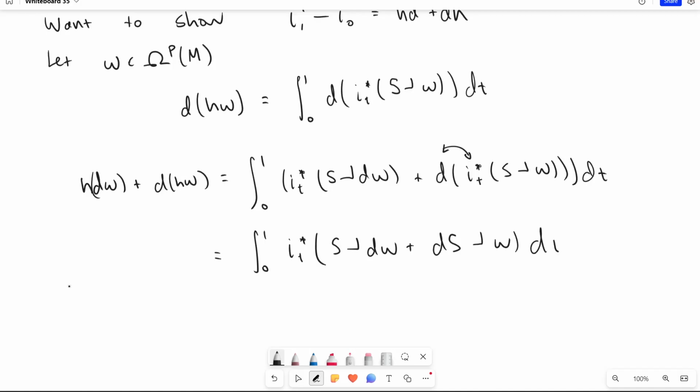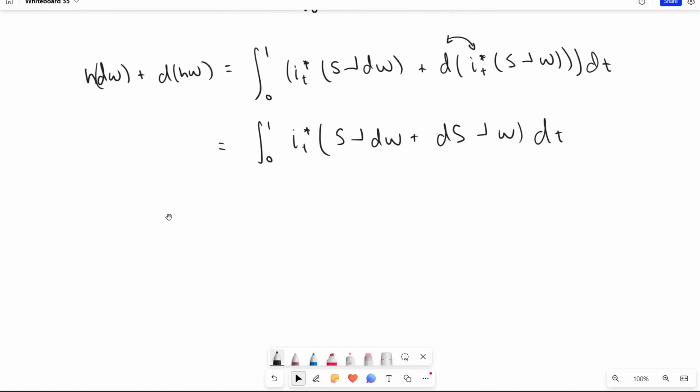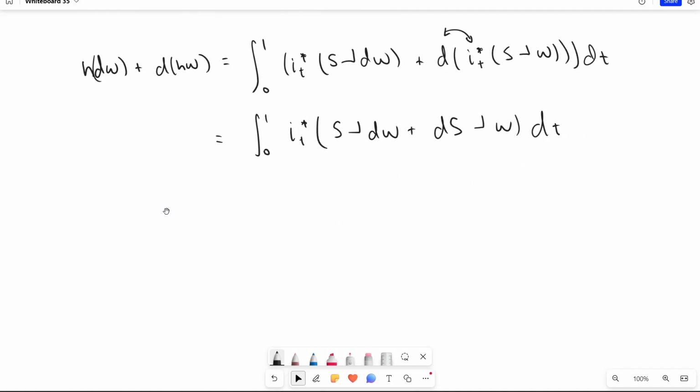Now this, remember, was our infinitesimal homotopy invariance. This is our Cartan's magic formula. So this is the integral 0 to 1 of I_t star of the Lie derivative with respect to s of omega. It's Cartan's magic formula.